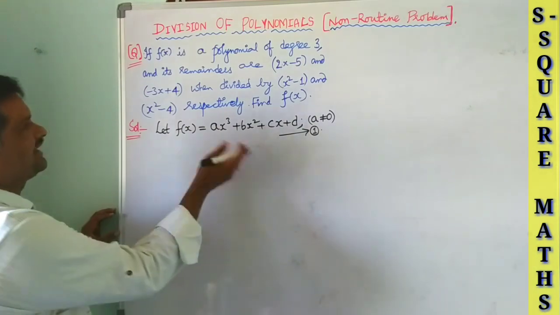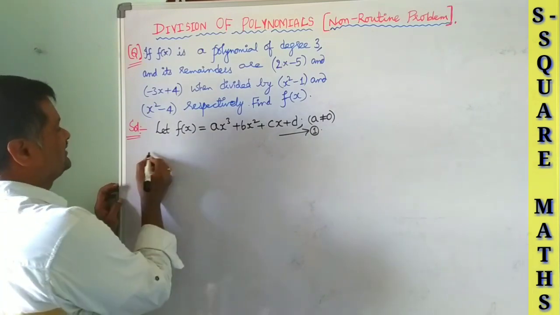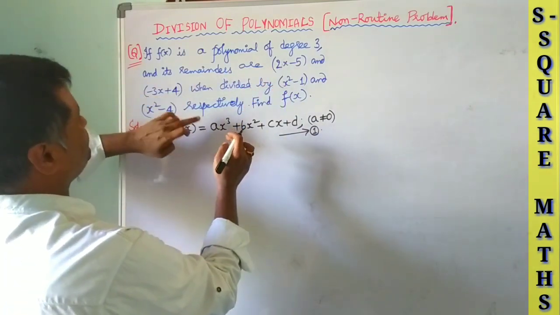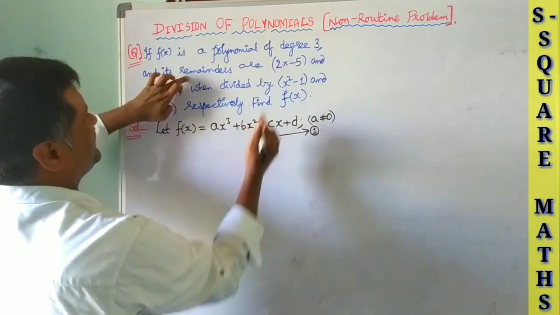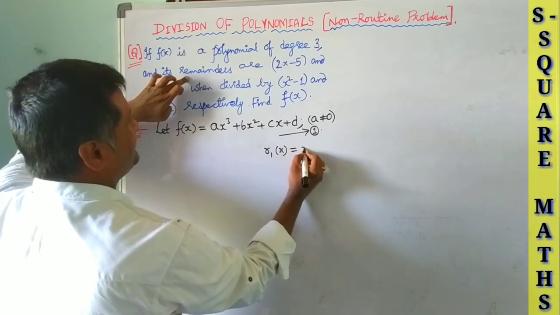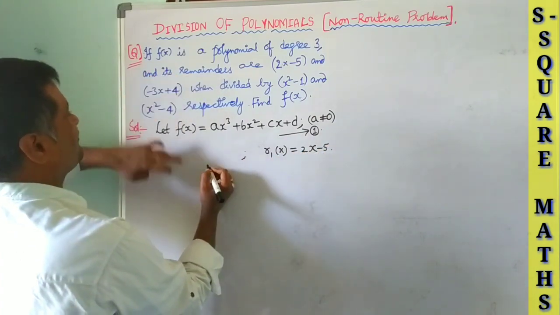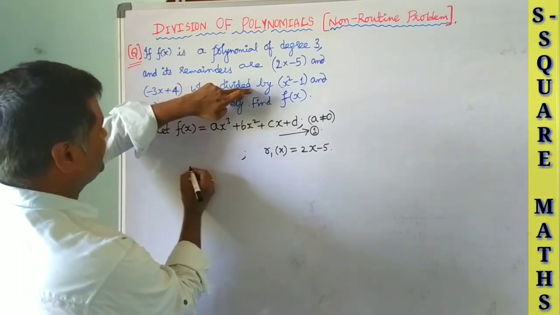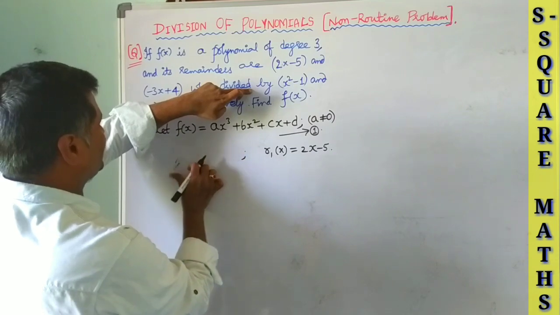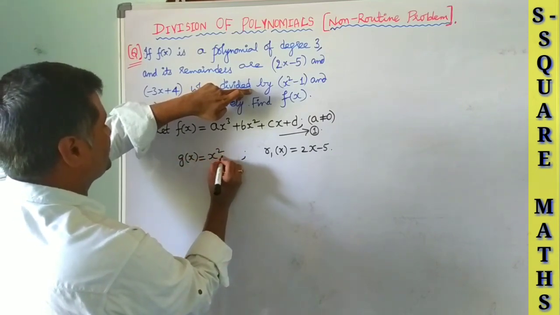According to our division algorithm for polynomials, this is our f of x. Let the remainders be as follows. R1 of x is nothing but 2x minus 5, when f of x is divided by our first divisor, g of x, which is x square minus 1.